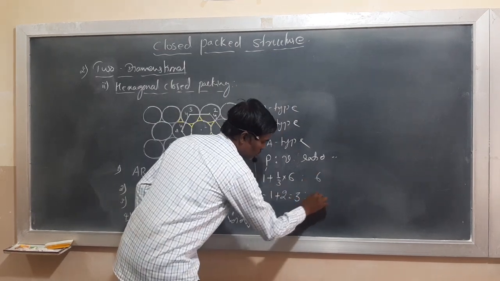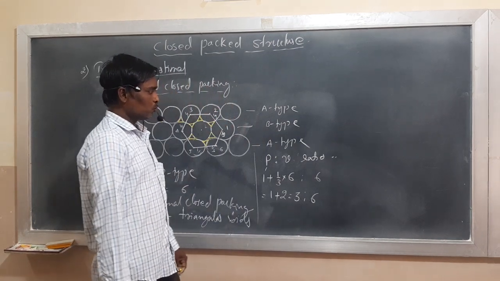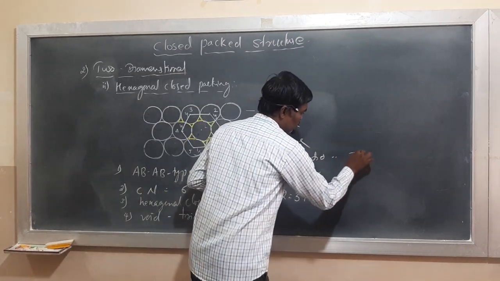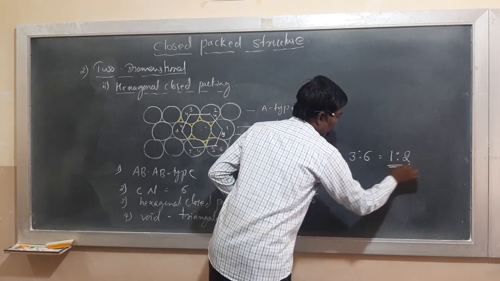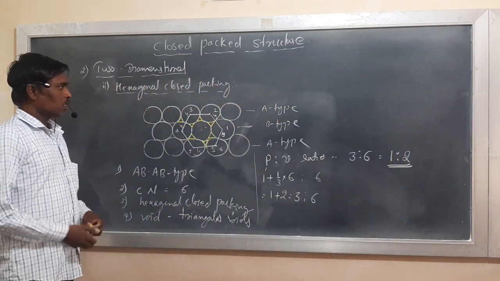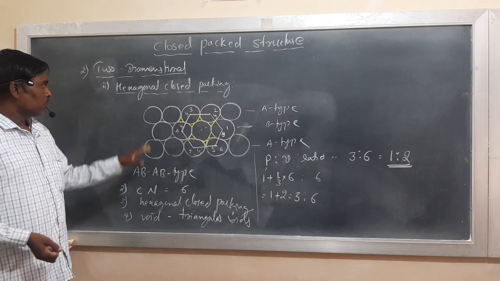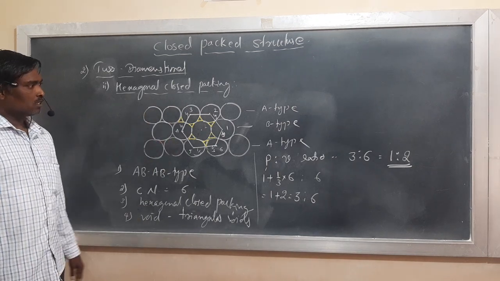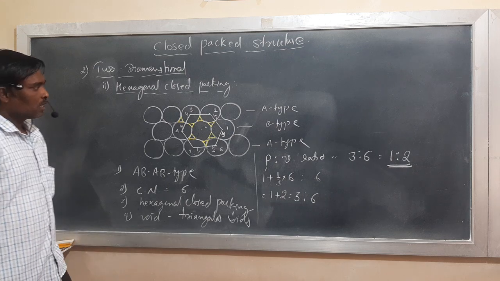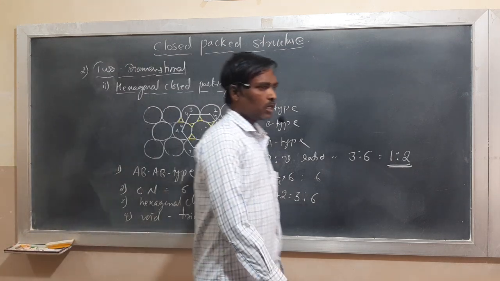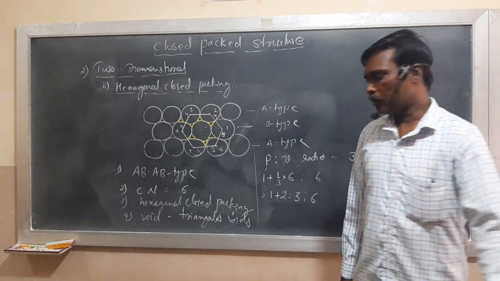Therefore the particle void ratio is 3 is to 6, or 1 is to 2. This is the particle void ratio. That means if this type of arrangement is made using 100 particles or 100 spheres, it will create 200 triangular voids.